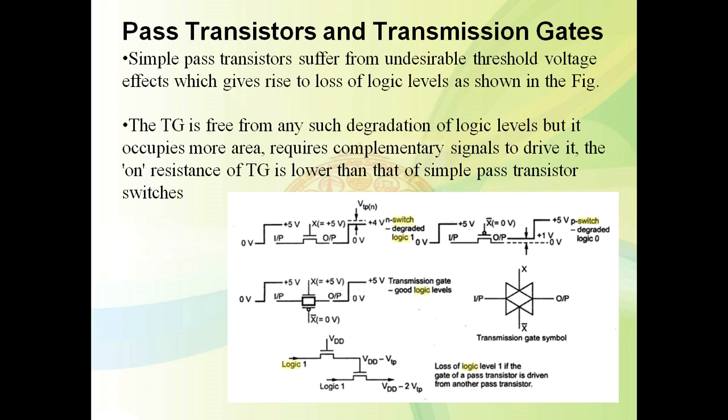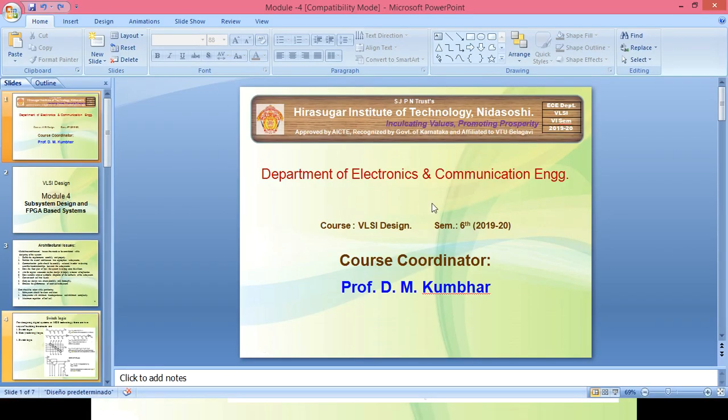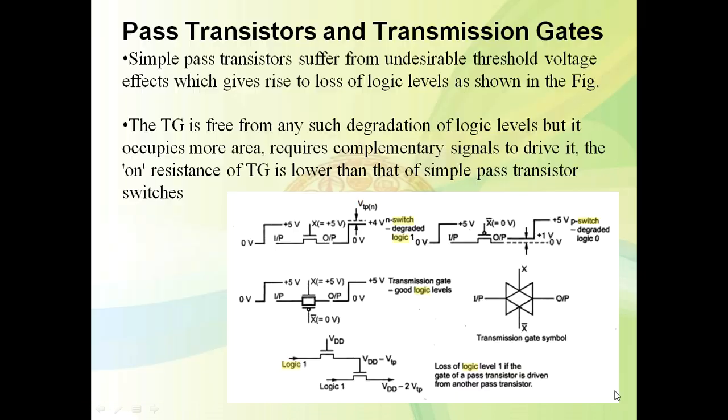You can see here, the output of transistor 1 does not reach the full logic level. So there is a degraded logic level, and it does not permit one transistor to drive another transistor. So this is about the pass transistor and transmission gate.